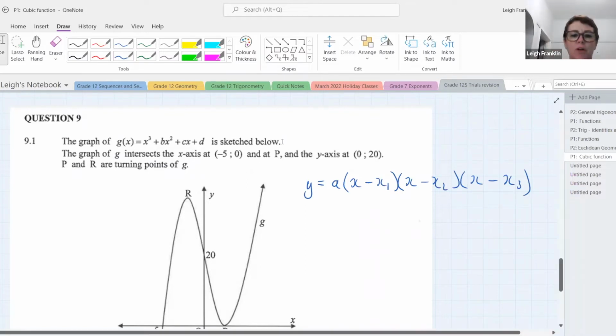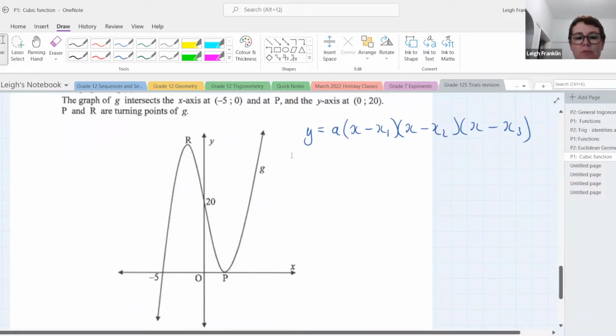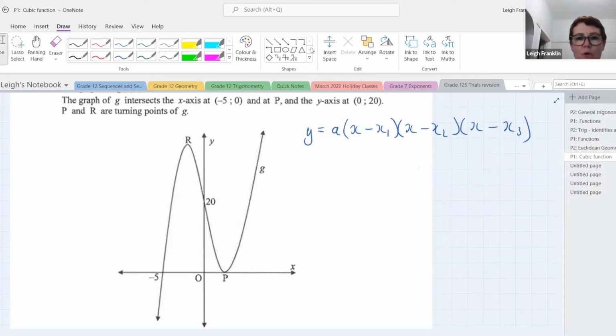But in this particular graph, how many x-intercepts do we have? Exactly, we've got 2. So what happens in our equation when one of our turning points is also an x-intercept? How does that change things? What do we see happening?